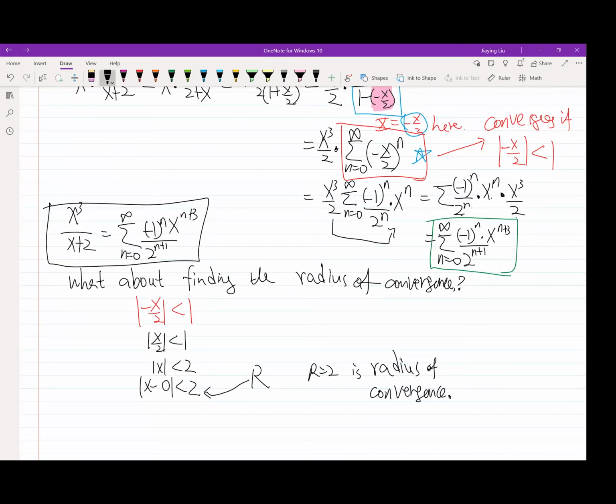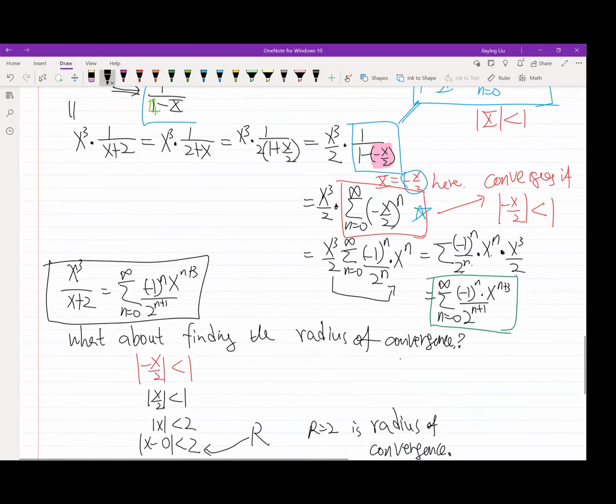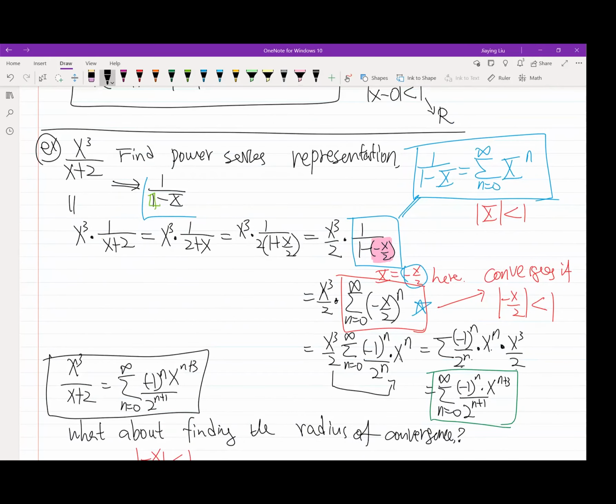I'm sorry, could you explain how you find that again? So we use the fact that the series capital X to the n is convergent if capital X in absolute value is less than 1.